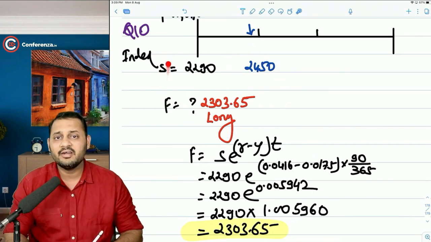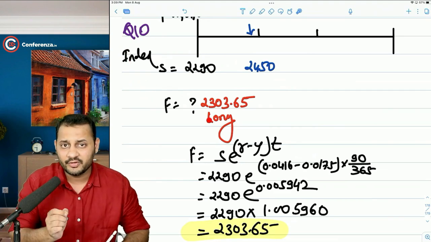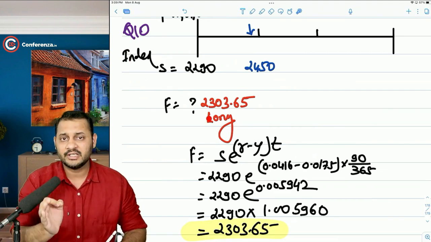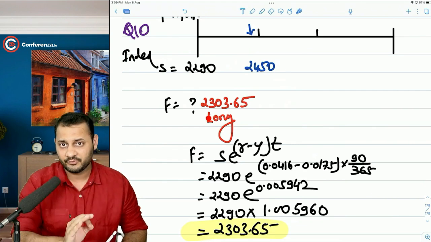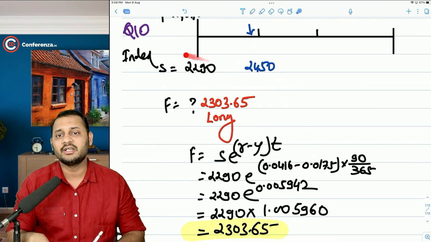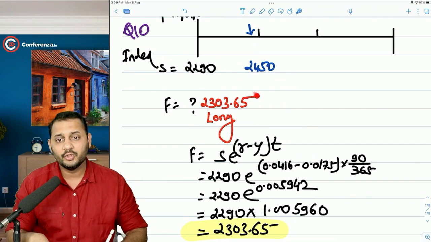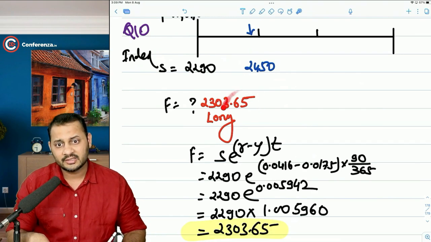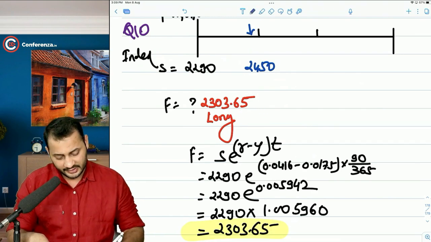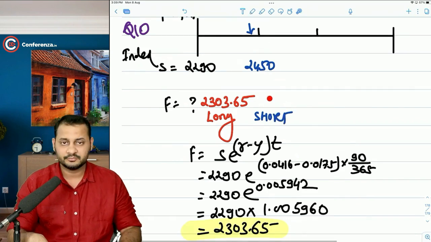Both the items are different: the spot price of the index and the futures of the index. If you want to calculate the profit or loss, buy something and sell the same thing. In this question, it is very clear that the 2450 is the index's value, which will be considered as the spot price. You calculate the futures price again and then find out the profit or loss. It is very clear that you are going to go short on this date's futures price.